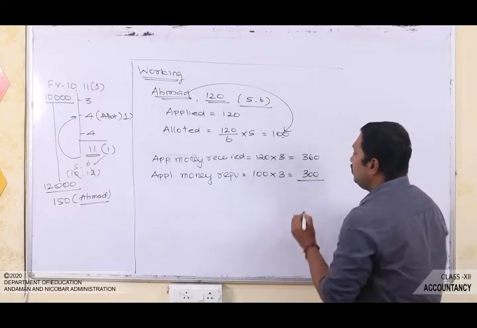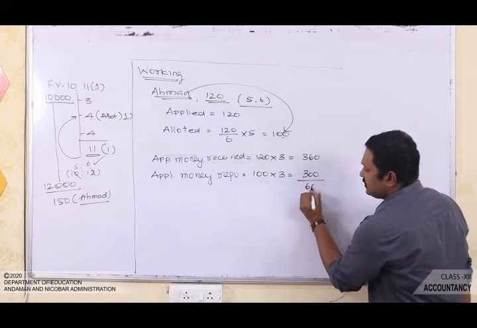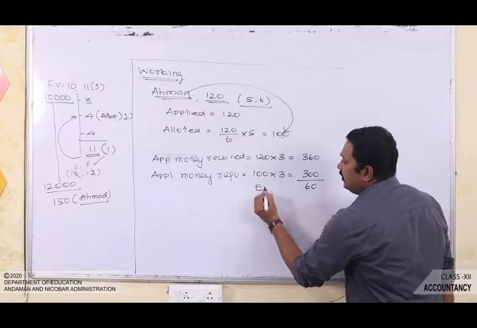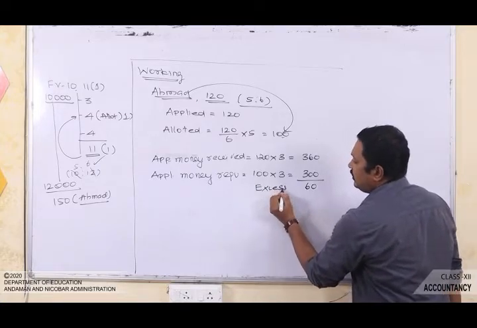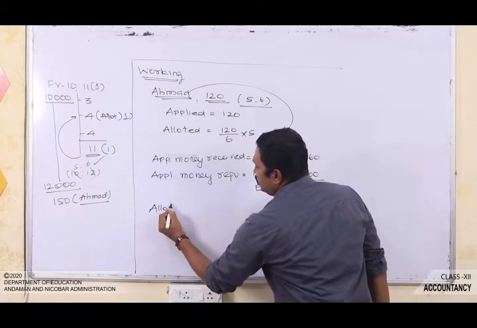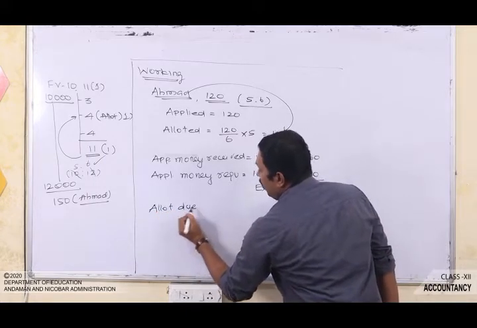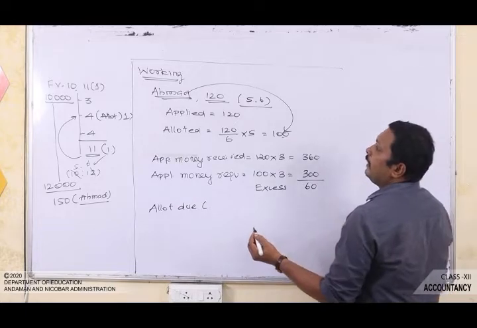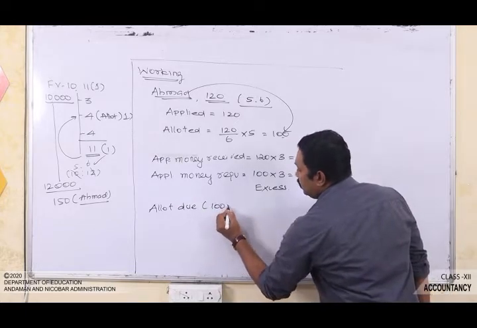So, Ahmed paid extra amount, this excess amount will be adjusted in allotment. Next, we have to write allotment due. How much allotment has to be paid by Ahmed? 100 into 4.